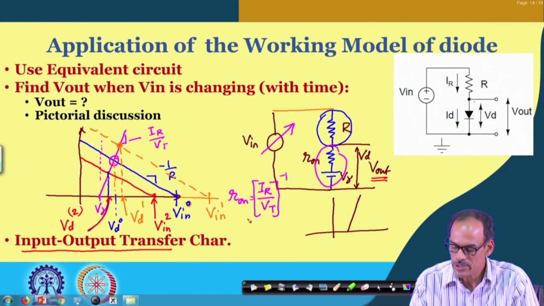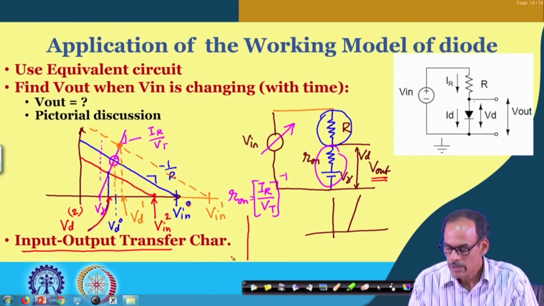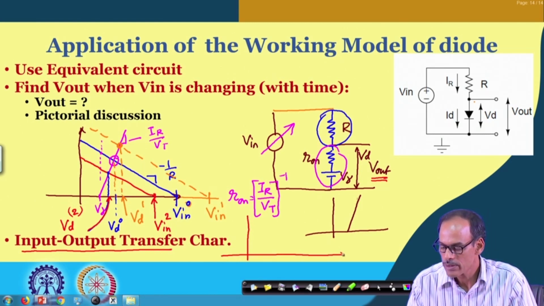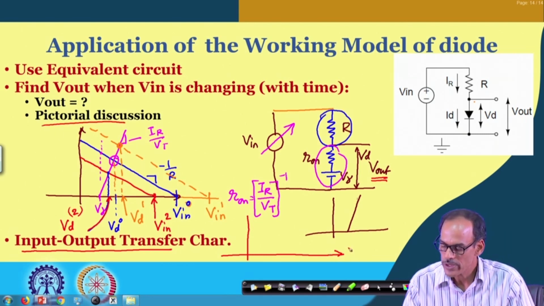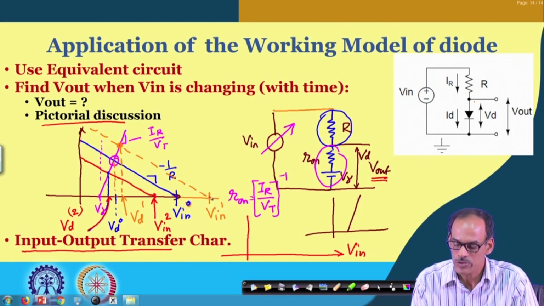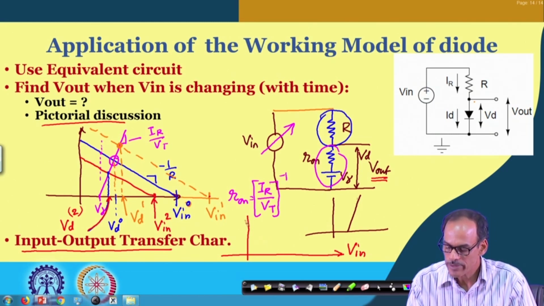And if you see the pictorial view here, as I said, a pictorial discussion: if I change this V in from this value to this value and this value, the corresponding V out or V d changes slowly.